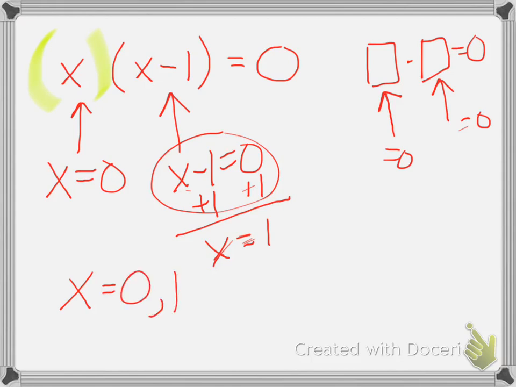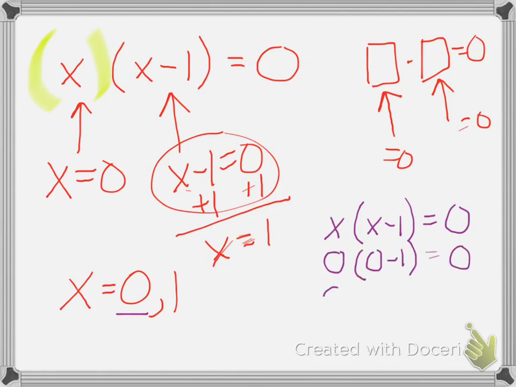I know that because I can check my answer by taking the original equation and seeing if it makes it true. I'm going to put 0 in there first. So 0 times 0 minus 1, 0 times negative 1. One of my products was 0, and 0 times negative 1 is 0.